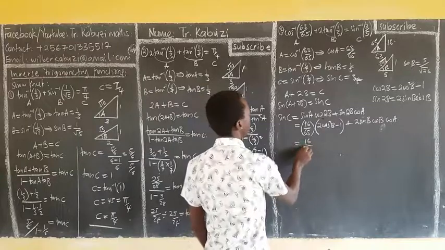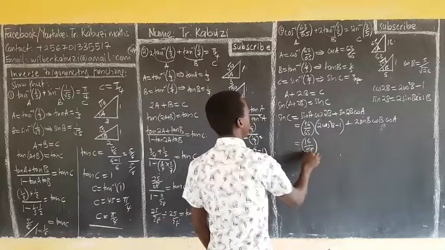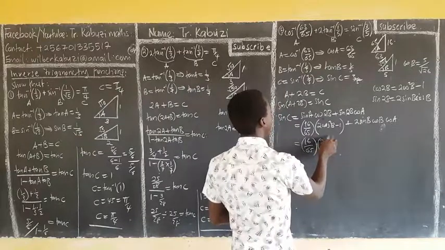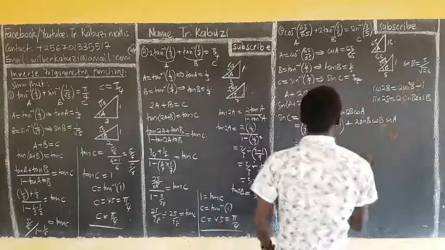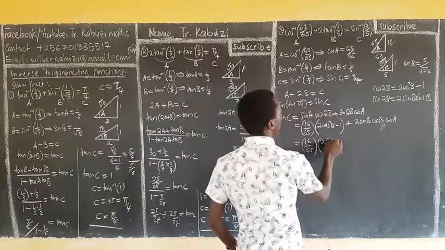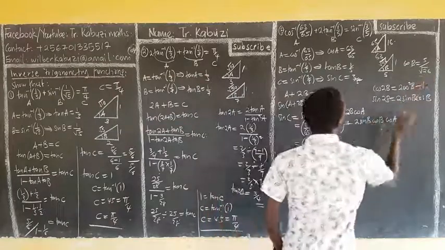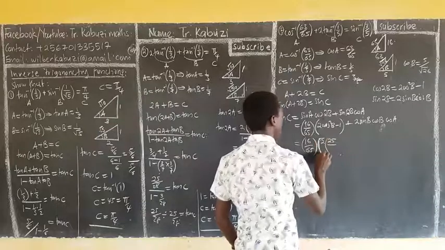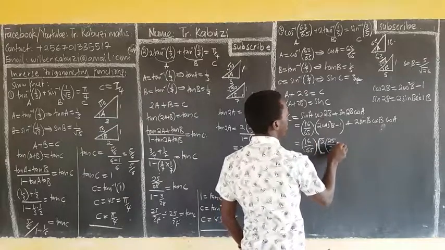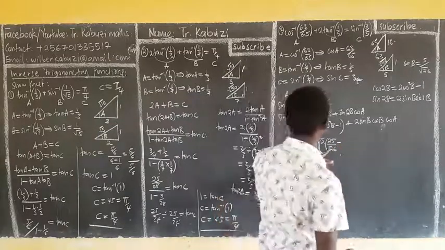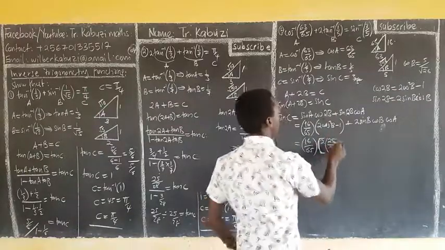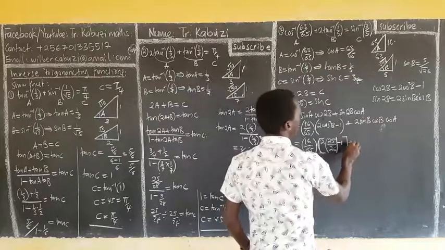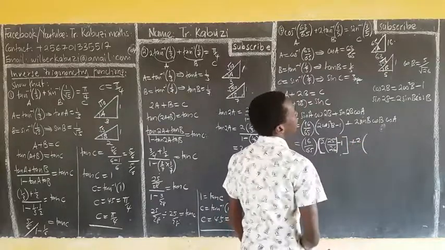This will be 16 over 65 into 2 times, now if we square this, we shall be having 25 over 26. Then minus 1.